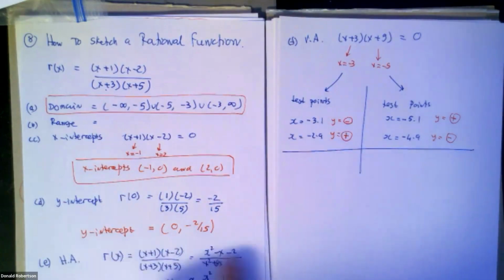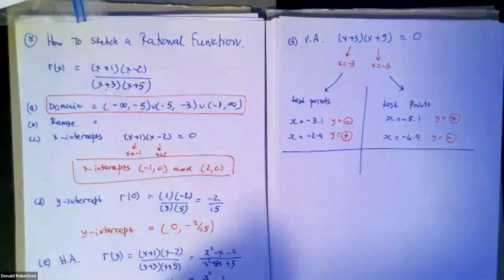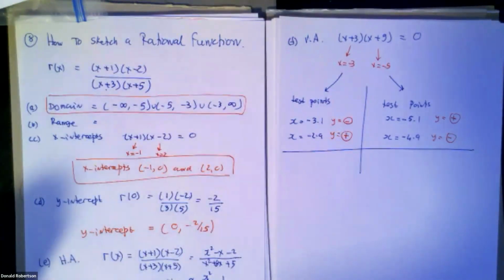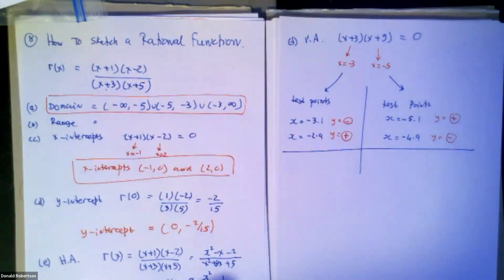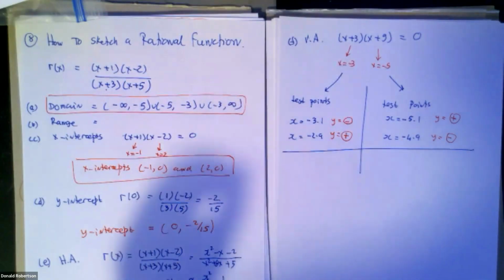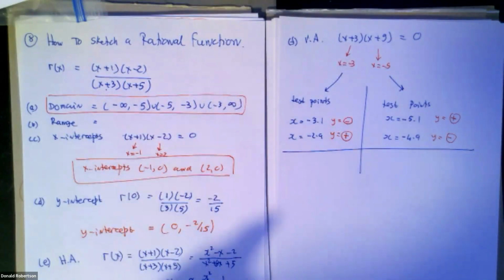So the fact that this came out as a horizontal asymptote means I don't need to look for the equation of the slant asymptote. However, if I did this surgery and I ended up with the answer 2x or 4x cubed or something, that would be a slant asymptote and I would have to do long division to find its equation. But thankfully, that doesn't happen too often, although you will see it a few times. So this is a bit quicker.